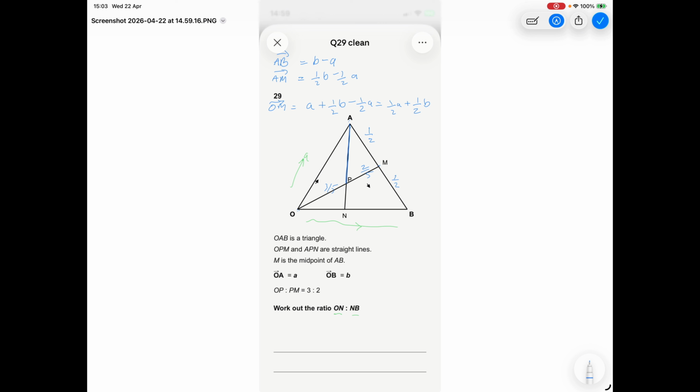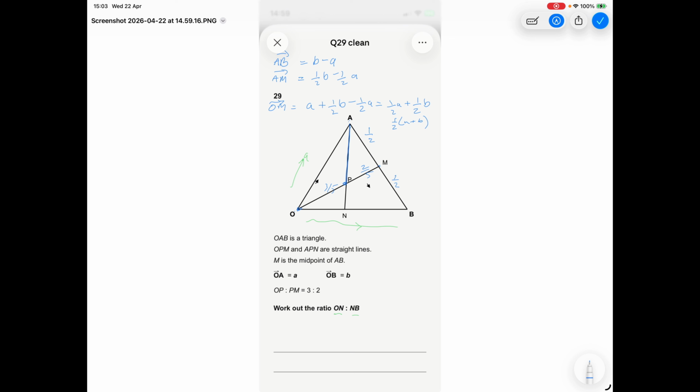Okay, I don't know if I definitely can't write on this, so this could be a little tricky. So far we've worked out that OM equals half a plus half b. We could also write it as half of a plus b. Now, what does OP equal then? Because that's the next thing we need to know.